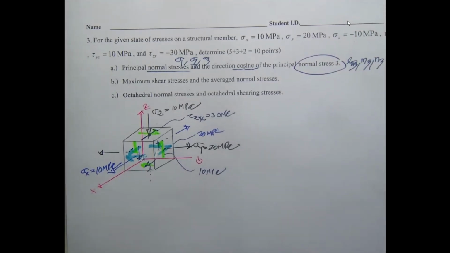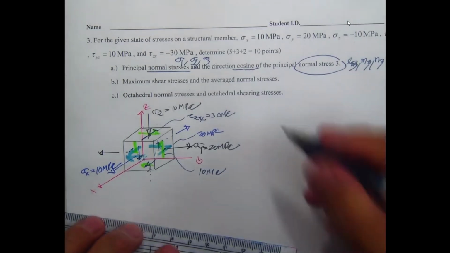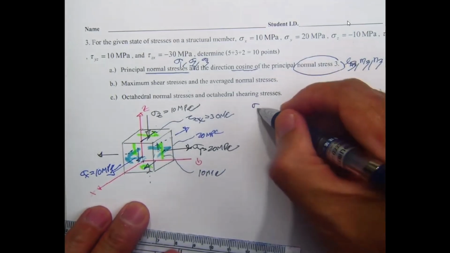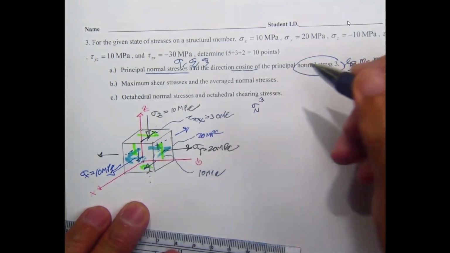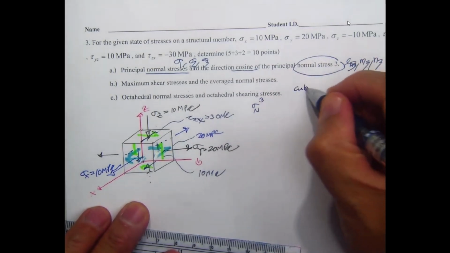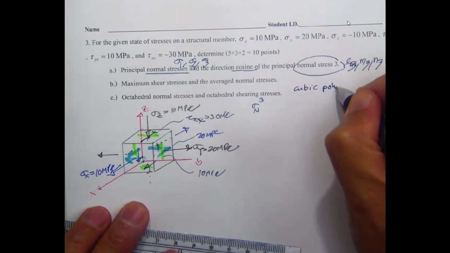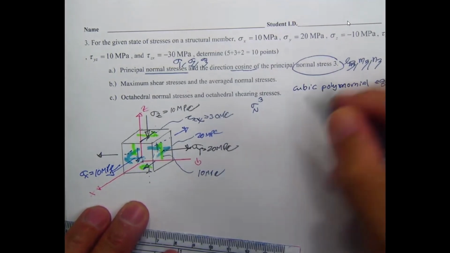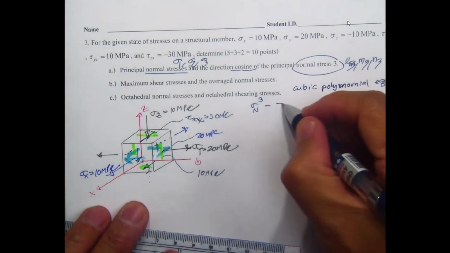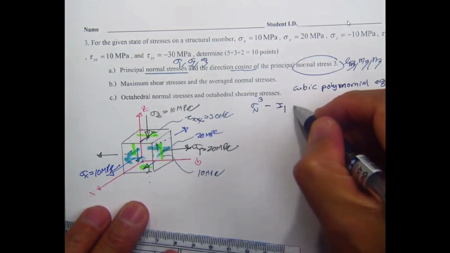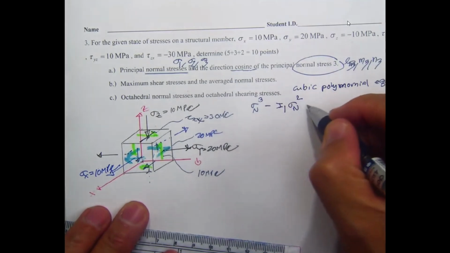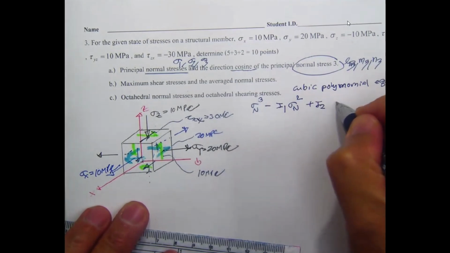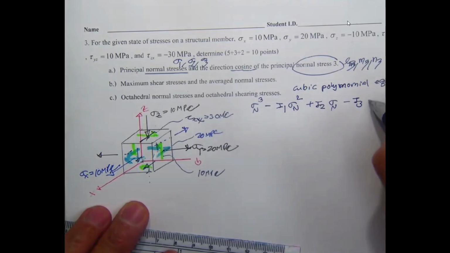Okay, to determine the principal stress, we have the equation from the textbook, the cubic polynomial equation, which has this form.